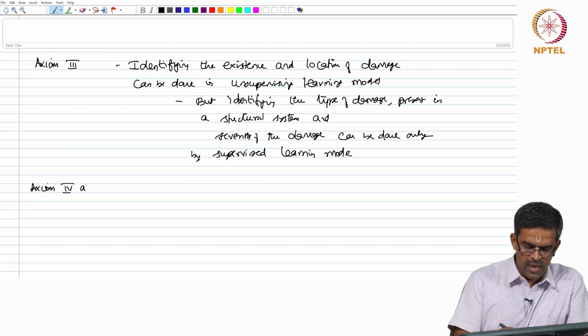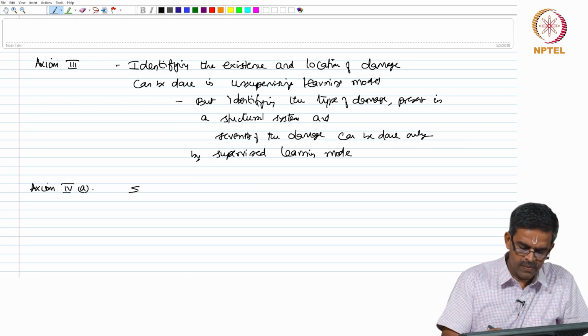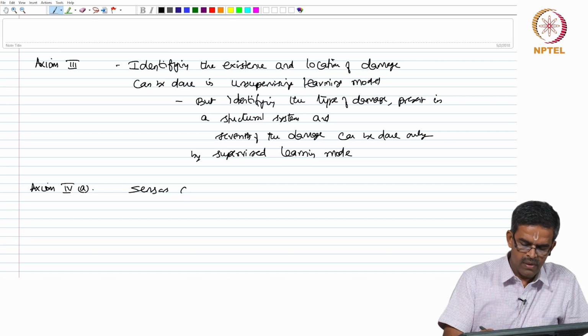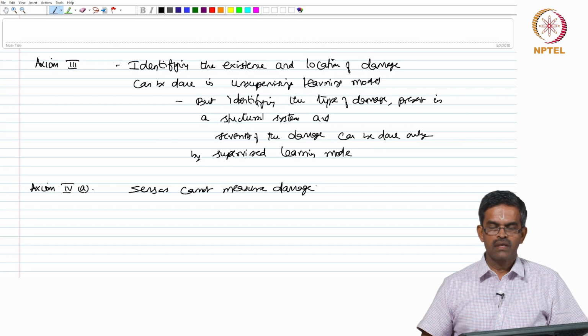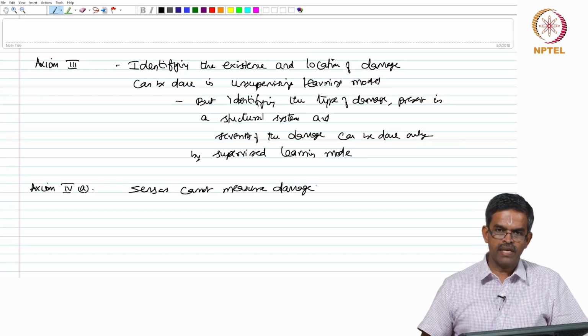Axiom 4a says that sensors cannot measure damage, they only record the data. They do not really know whether the data recorded pertain to damage or not.